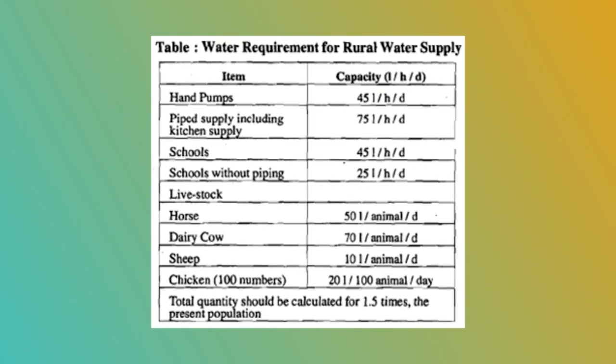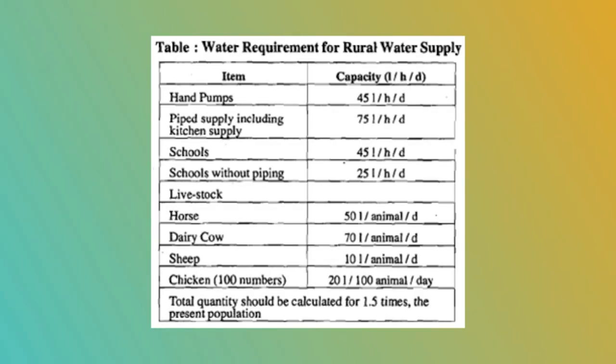Here is the water requirement for rural water supply. Hand pumps capacity 40 liters per head per day. Pipe supply including kitchen supply, 75 liters per head per day. Schools 45 liters per head per day. Schools without pumping 25 liters per head per day.